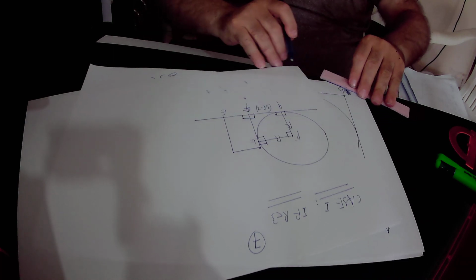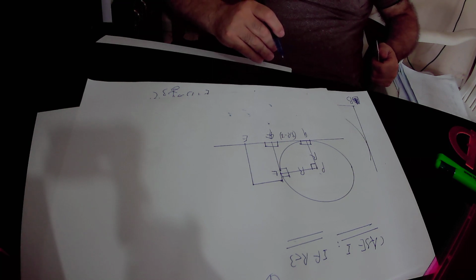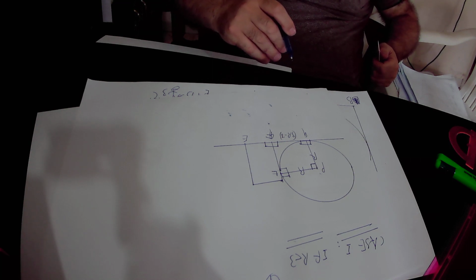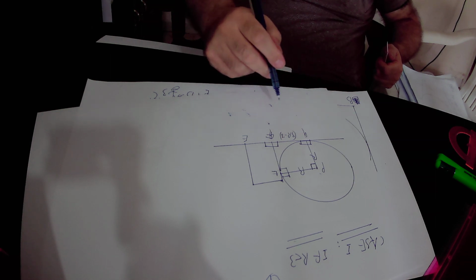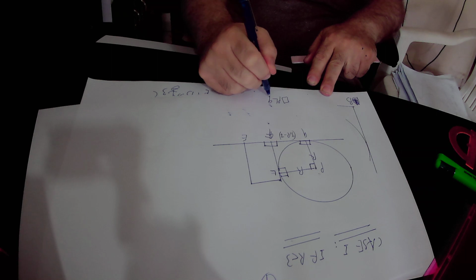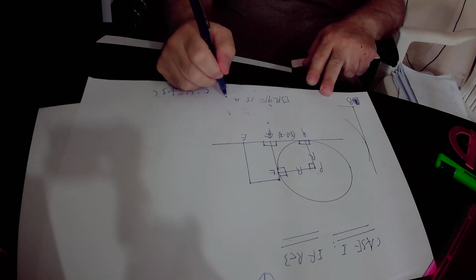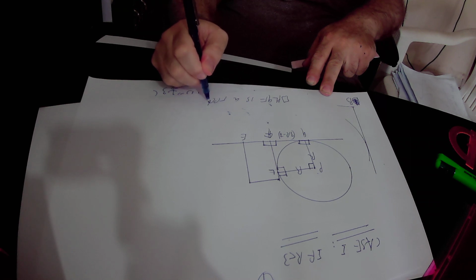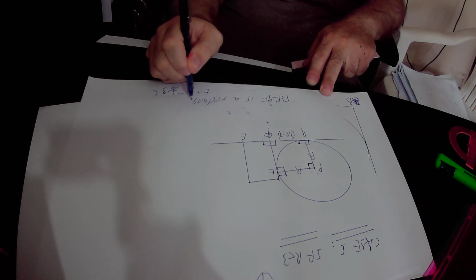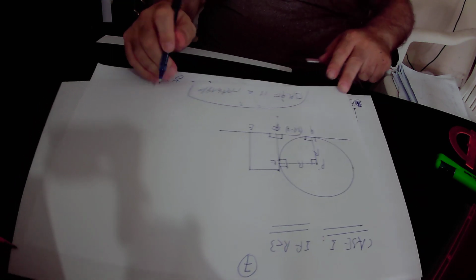Therefore, quadrilateral PLQF is a rectangle. Why? Because it has 4 right angles. But we also know that the opposite sides of a rectangle are equal to each other.